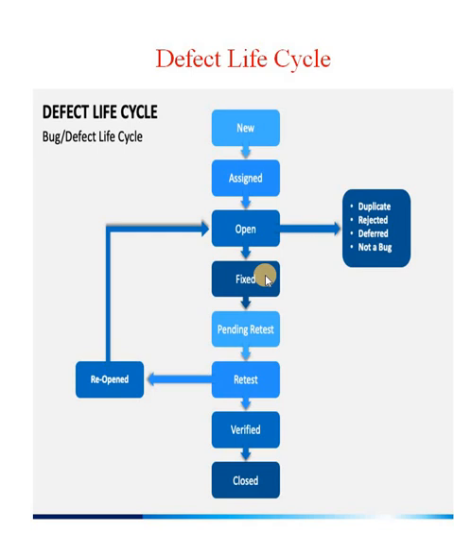So at that time you cannot mark this defect as assigned; it will be marked as reopen, going from retest to reopen. Then again this whole process continues.